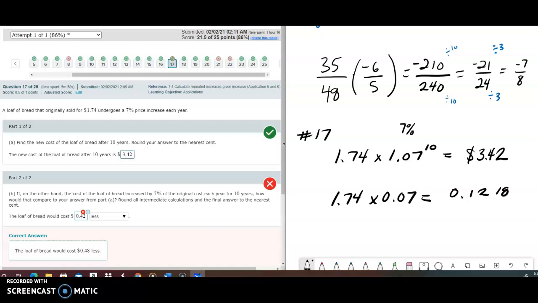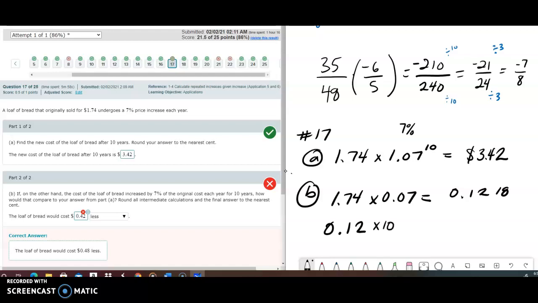Then it tells me to round all intermediate calculations and the final answer to the nearest cent. So this is an intermediate calculation. So I have to round this to 12 cents. And that means each year it's going to increase by 12 cents. So I'm going to add 12 cents for 10 years.